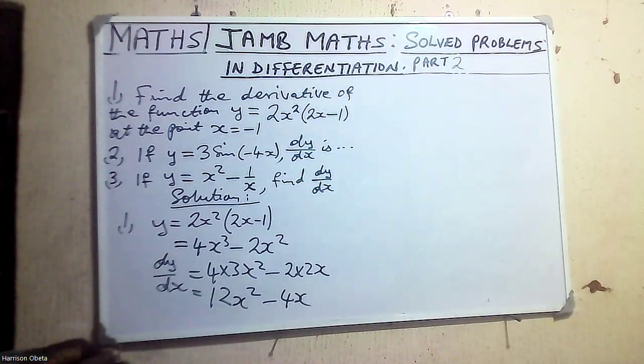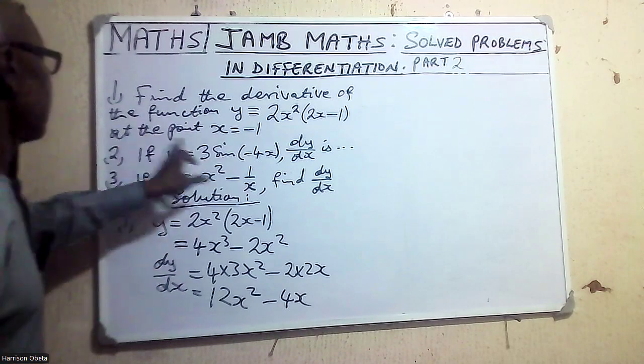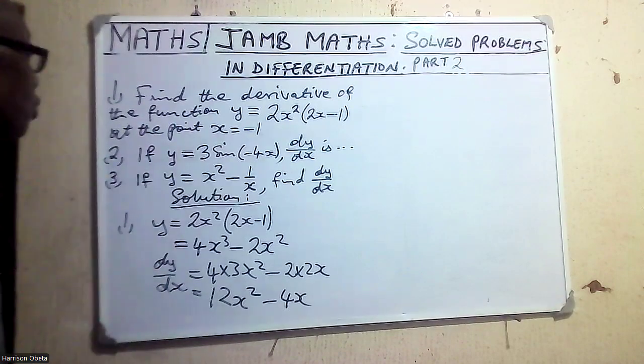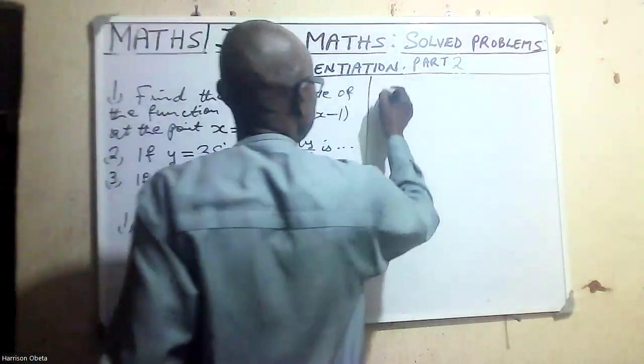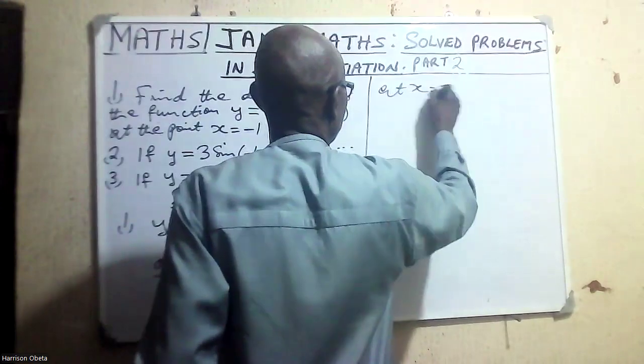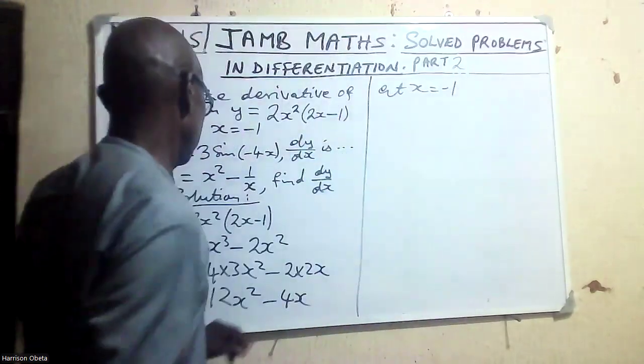But we are told to solve that at the point where x equal to minus 1. So coming over here, we have at x equal to minus 1, substitute.